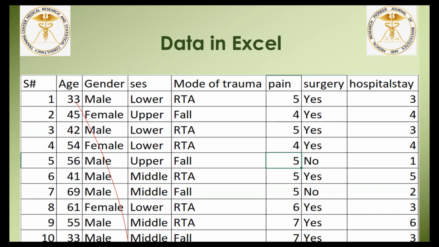You must follow the rule that when you are putting the age, I have not written year or Y, month or M, day or D. It should be simply in numbers. There should not be the unit of the ages when you are entering in SPSS.